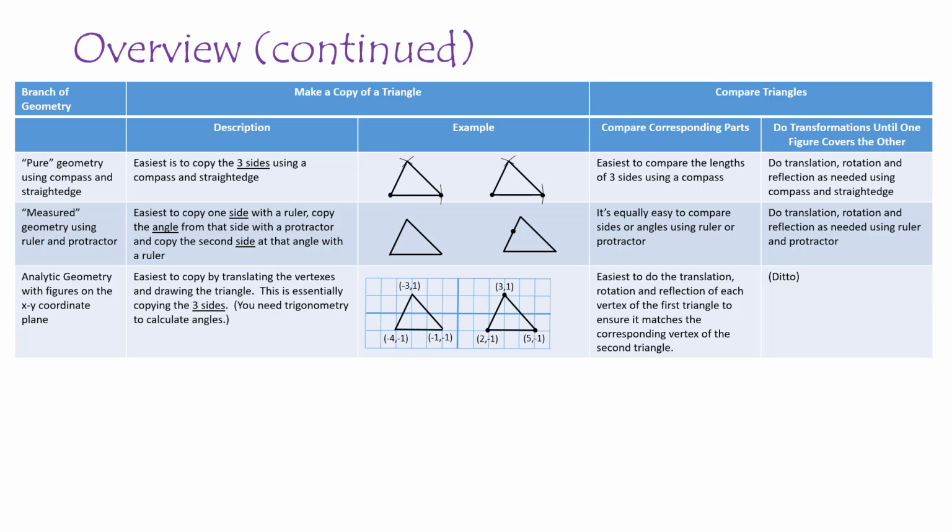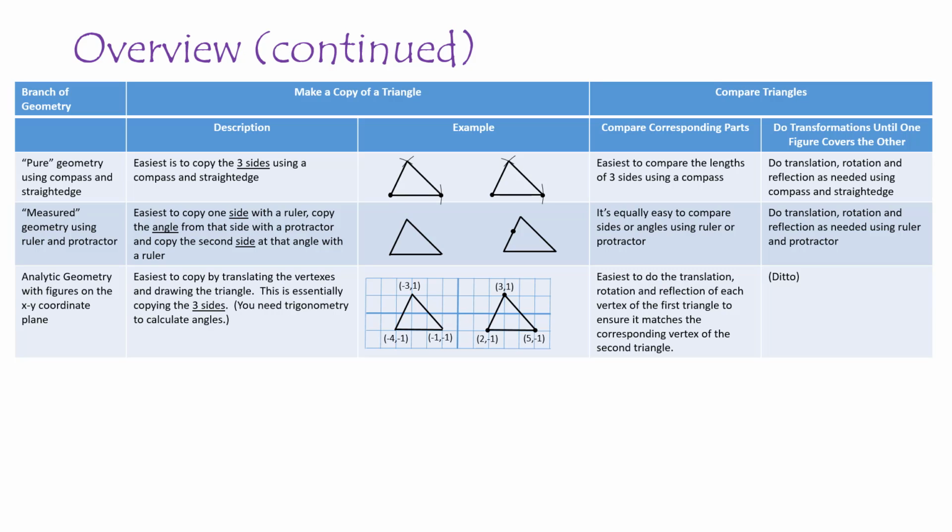Now, if we look over on the right and we talk about comparing triangles, you can compare corresponding parts, or another technique is to do transformations until one figure covers the other. And the transformations are like translation, rotation, reflection, until one figure covers the other. And both are ways to compare triangles.